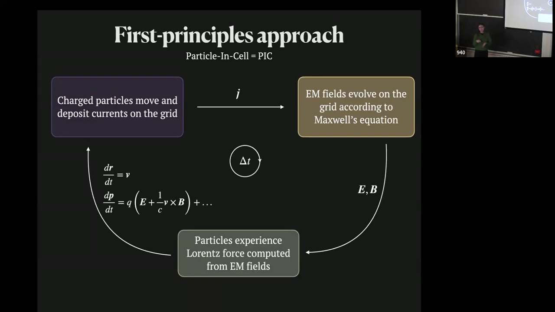You evolve these electromagnetic fields according to Maxwell's equations. Then the particles inside the cells experience a Lorentz force due to these fields, and they move according to the equations of motion. As they move, particles deposit current, and this current goes back onto the grid. Then this current from the grid goes into Maxwell's equations, and the loop repeats. So this is the basic loop of the particle-in-cell simulation.